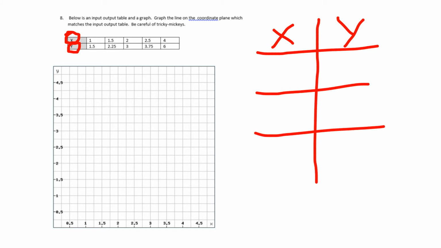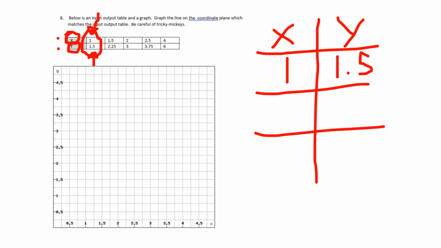But that is not what they have drawn. Instead, they have the X and the Y here and here. So this point here, you're used to seeing it like this, 1.5. Because the Y value is 1.5, the X value is 1.